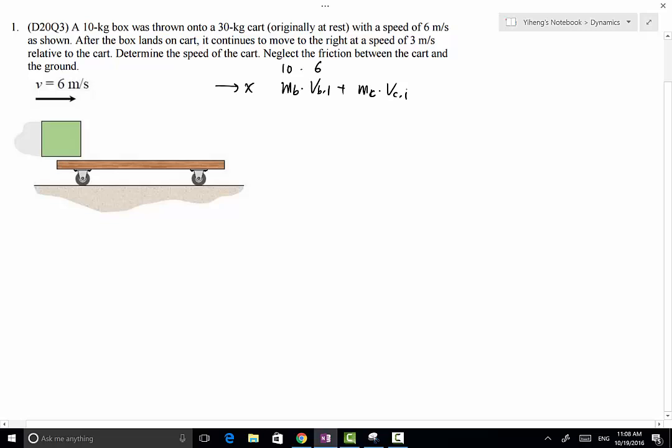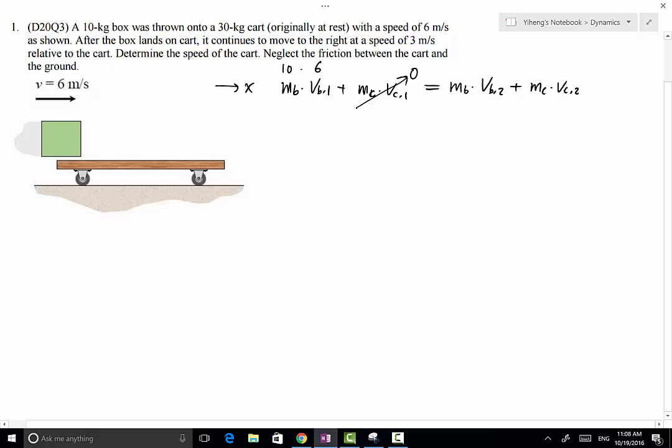But because initially the cart is at rest, this entire term goes to 0. And because the total linear momentum along the x direction is conserved for the system, this equals the total linear momentum at state 2, which is right after the box lands on the cart. So that equals MB times VB2 plus MC times VC2.